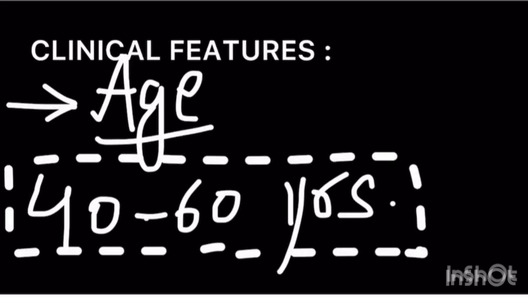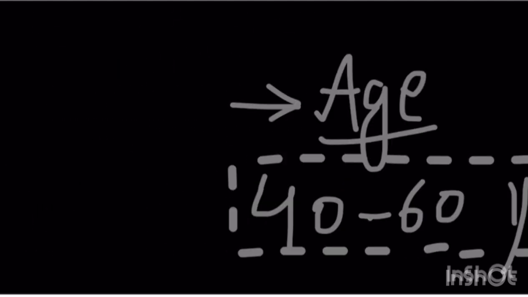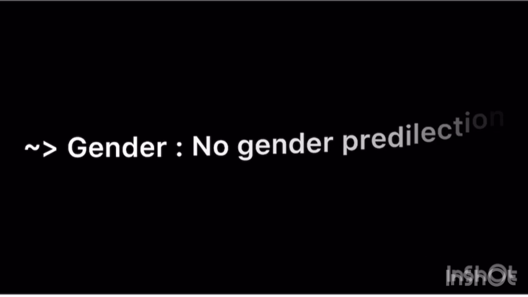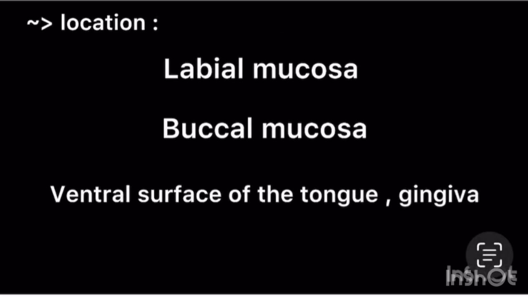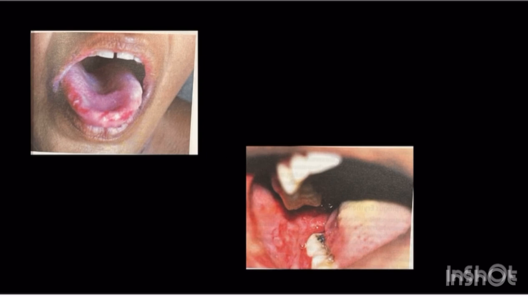What are the clinical features? They occur in the age group of 40 to 60 years, and there is no gender predilection. Locations or sites: labial mucosa, buccal mucosa, ventral surface of tongue, gingiva. Of course, there are other sites too, which we'll see later on.